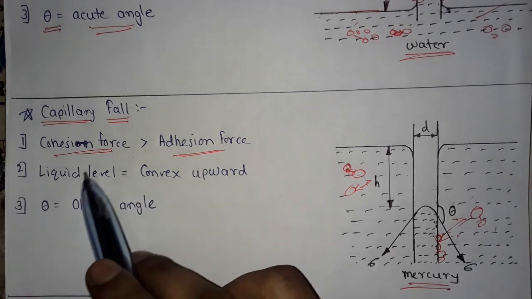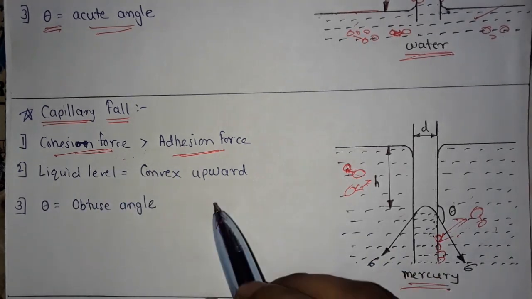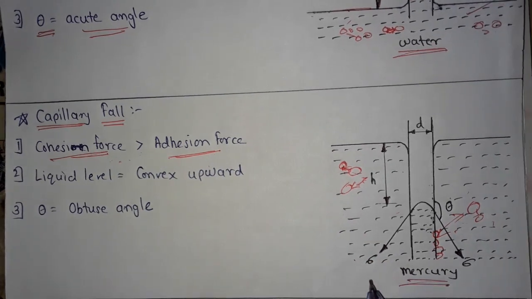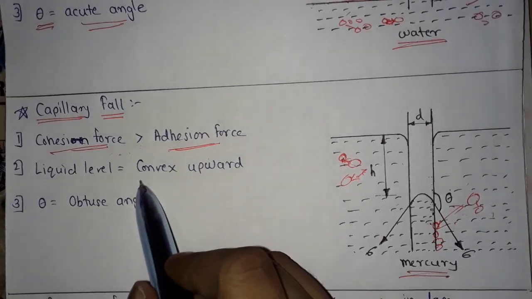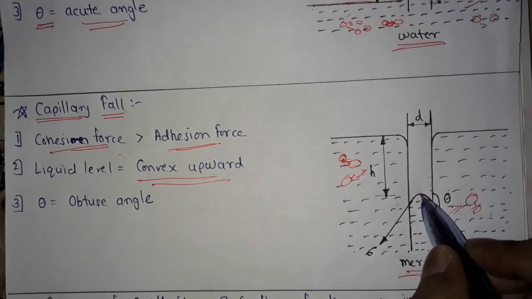When the cohesion force is greater than adhesion force, then capillary fall will occur. And the liquid level, in this case, is convex upward, that is like this.